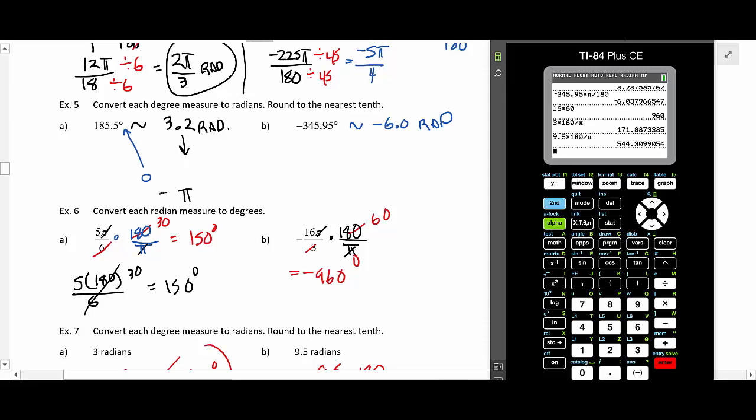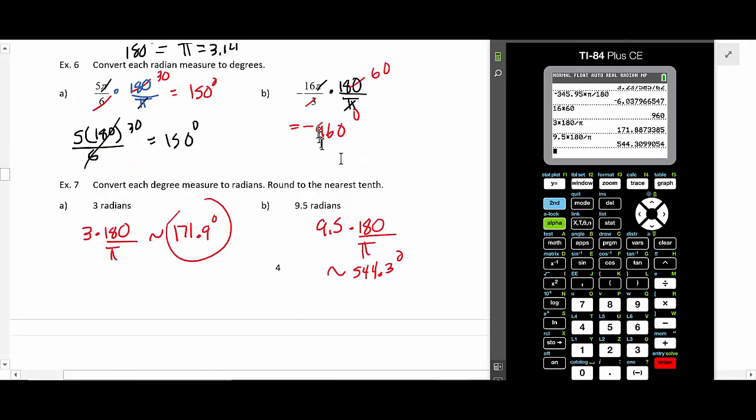Since pi is equal to 180, that would mean that 180 is close to 3.14. So what I'm saying is 3.2 is a little bigger than 3.14, therefore 185 is a little bigger than 180. That's better than what you're suggesting, but I know exactly what you're thinking: 60 degrees is a close estimate to 1 radian, but that's a little bit better way to look at it to me, okay?